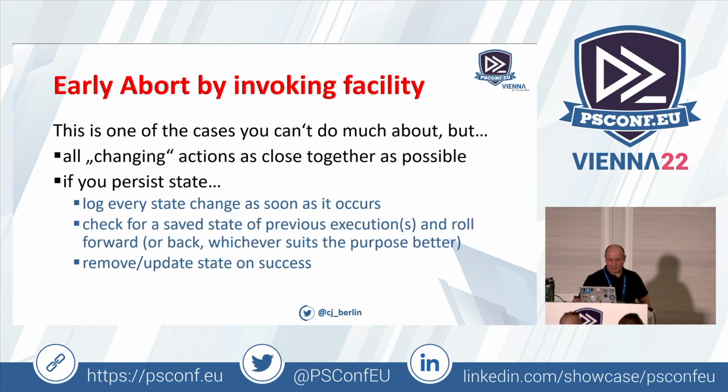I will have to skip the demo because we have some content I would like to show in terms of best practices. Early abort by the invoking facility. This is one of those cases you can't do anything about, that just ends.